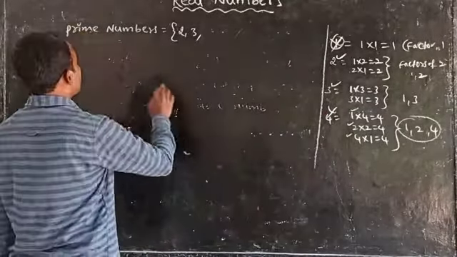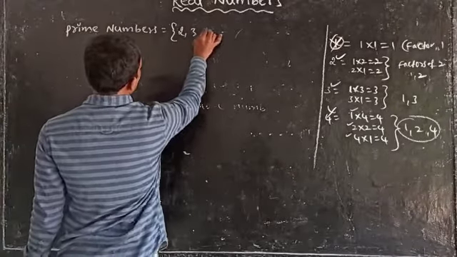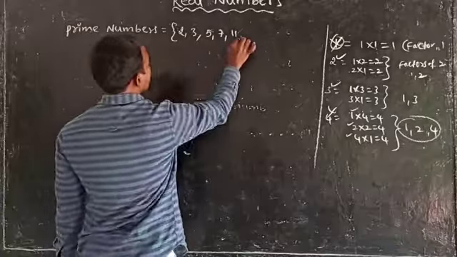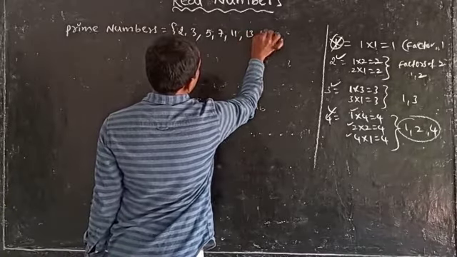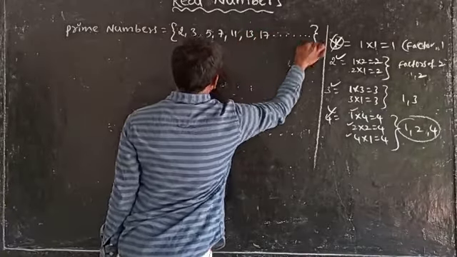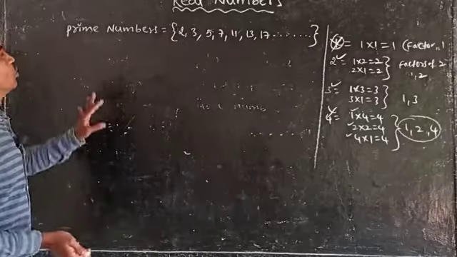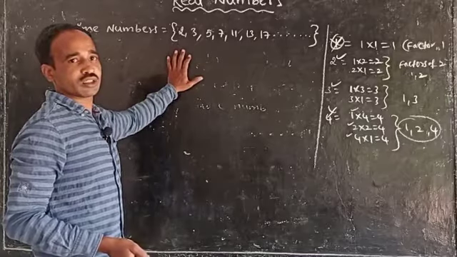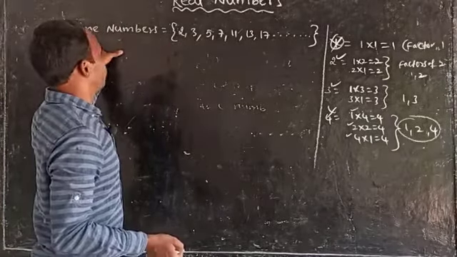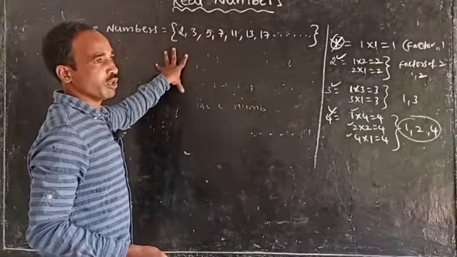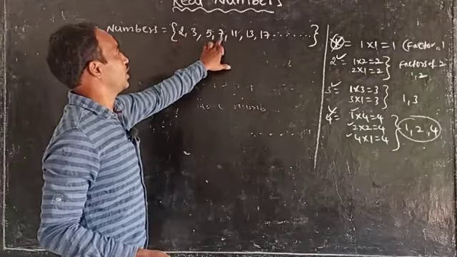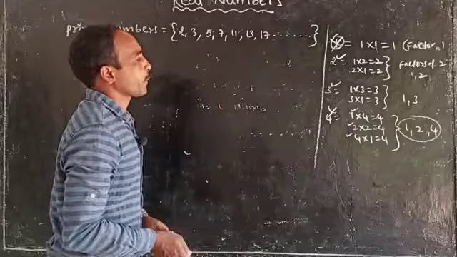Similarly we can write 2, 3, 5, 7, 11, 13, 17 and so on. Those numbers which have only two factors are called prime numbers. The smallest prime number is 2. 2, 3, 5, 7, 11, 13.